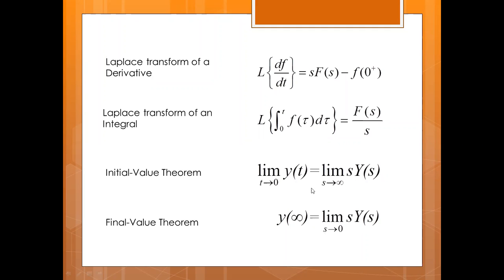You directly process the initial and final values of your function by using the formula, the limit of the product of s with Y of s. You evaluate the limit as s approaches infinity for the initial value of the function, and you evaluate the limit of s Y of s as s approaches 0 for the final value.